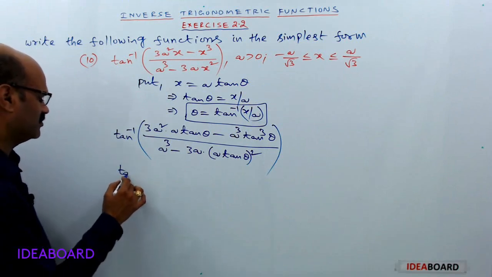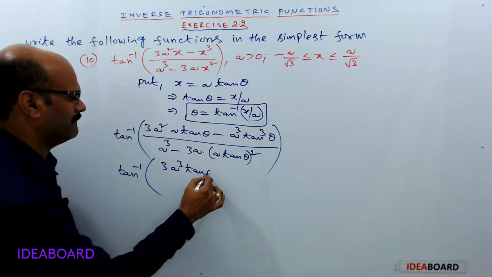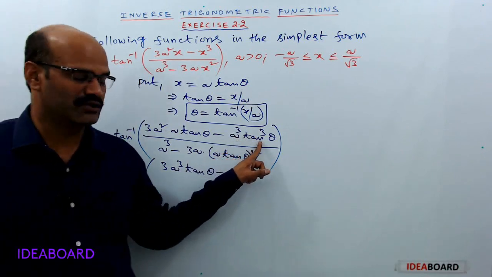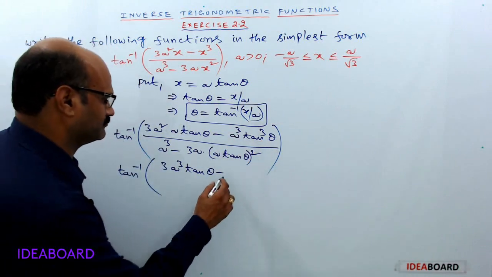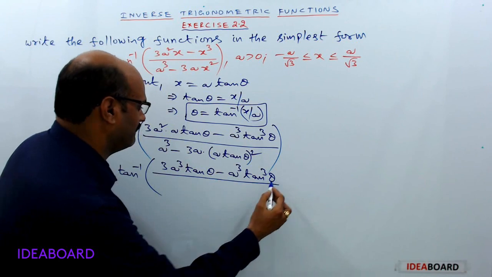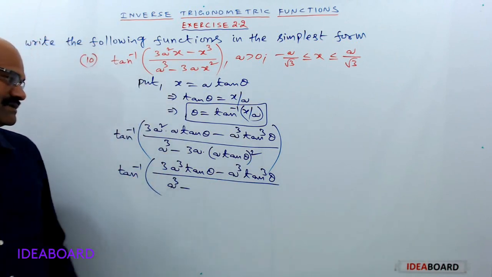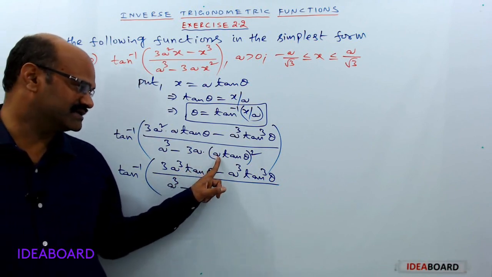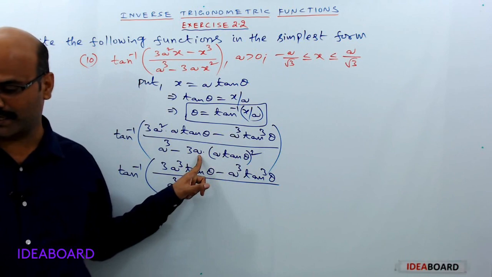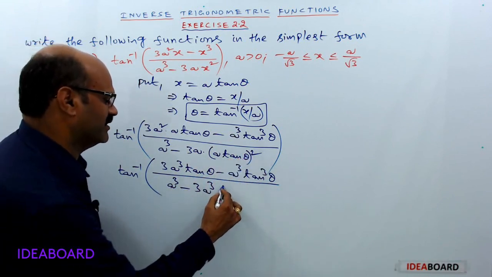So it's equal to tan inverse of 3a cube tan theta minus a cube into tan cube theta upon a cube minus 3a into a square into tan square theta. A square into a equal to a cube, 3a cube tan square theta.